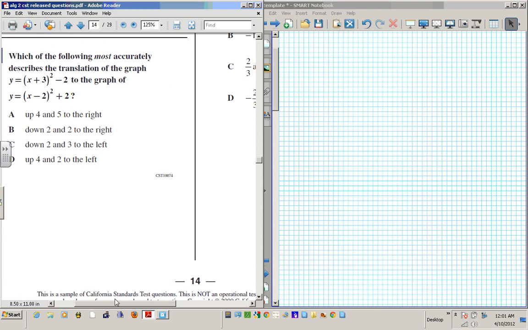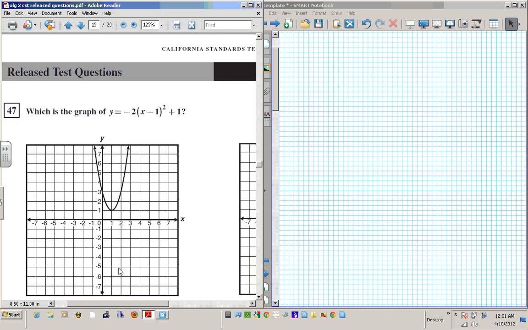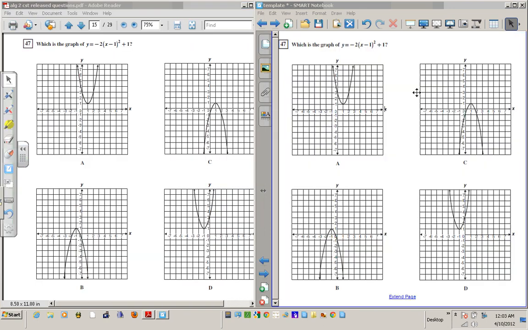Question 47. Alright, so I just have to transfer it over here. 47, which is the graph of this equation right here? To do this one, we can just use the vertex and the y-intercept to solve this.